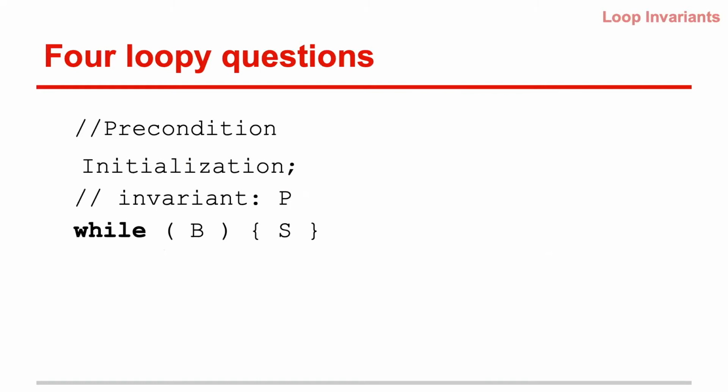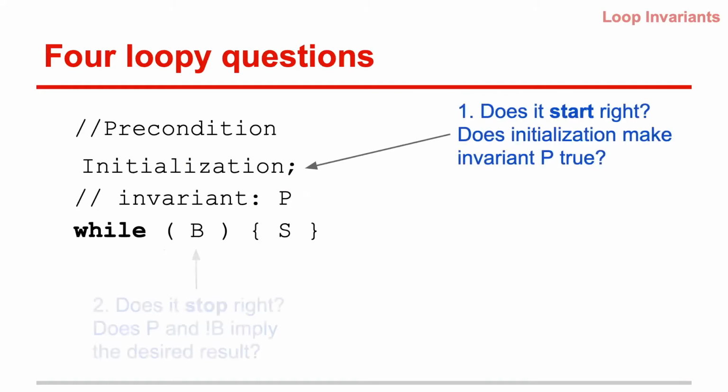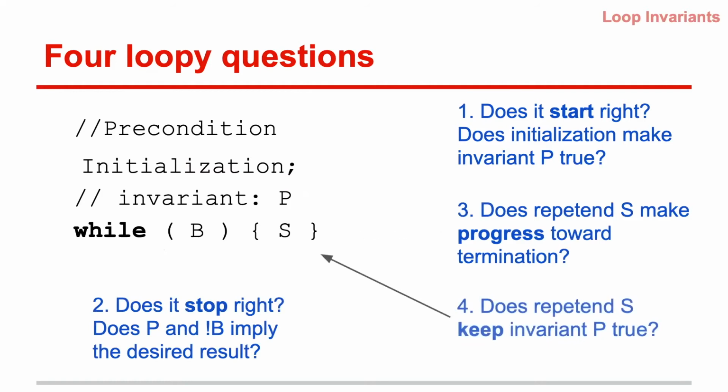Loop invariance. We start off with our 4 loopy questions. First, does it start right? We want to ensure that our initialization code truthifies our invariant. 2, does it stop right? If our loop terminates, when not B holds, along with our invariant, does this truthify our postcondition? 3, does our repetend in the loop make progress towards termination?